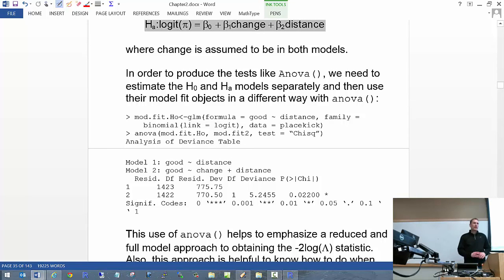Now, here's where the little ANOVA function can come in handy. And that is, you can use it in a slightly different manner. Suppose you actually estimate an H0 model of interest. Let's say the model that just has distance in it without change.